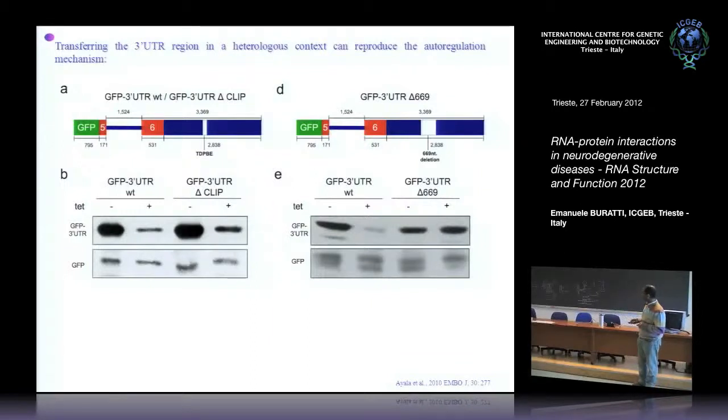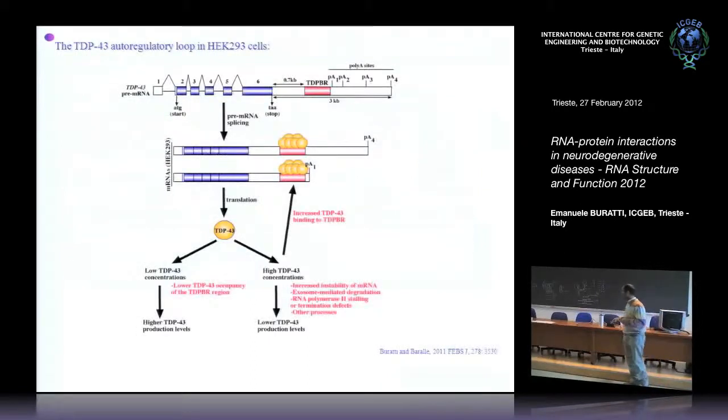And so at the beginning of last year, we ended up publishing a preliminary model for the autoregulation of TDP-43, whereby normally TDP-43 is transcribed exploiting two different polyadenylation sites.